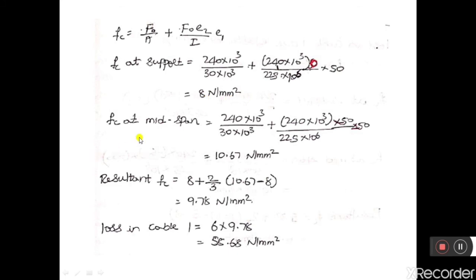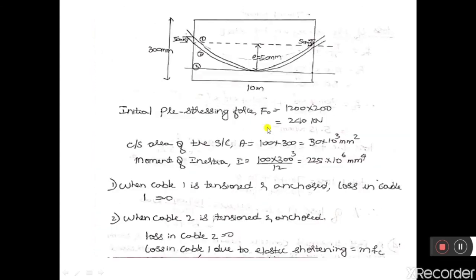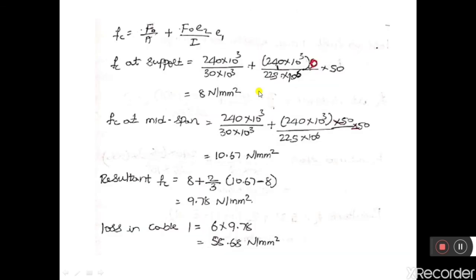Now coming to the midspan. At midspan we have different eccentricity, and what is the compressive stress developed in the concrete due to eccentricity at the midspan? So Fc at midspan is equal to 240 into 10 to the power of 3 by area plus the formula is same, but here E1 and E2 change. So cable 2 is having an eccentricity of minus 50 and cable 1 is having an eccentricity of minus 50.